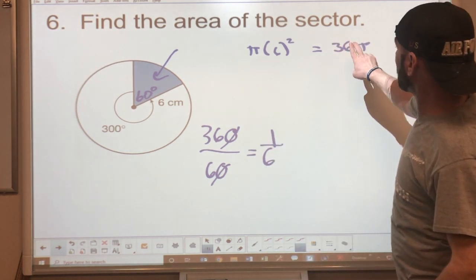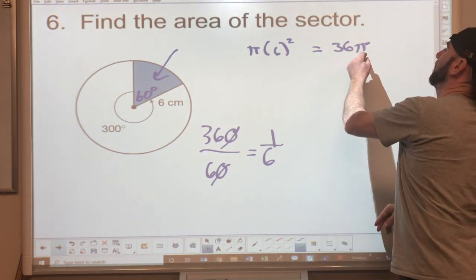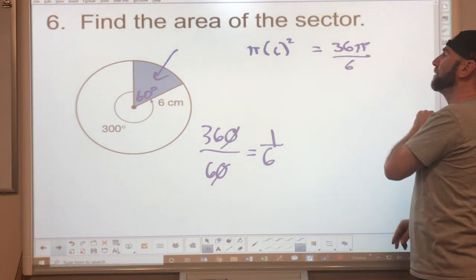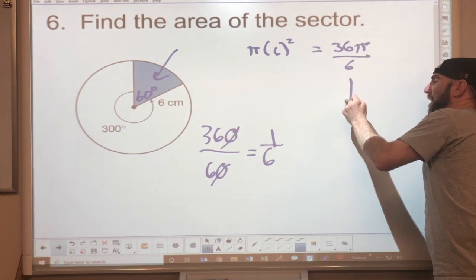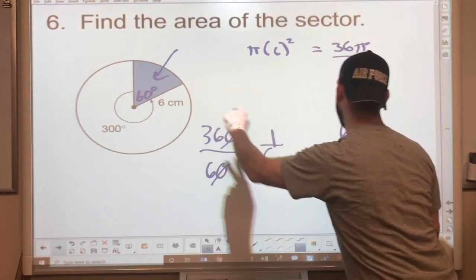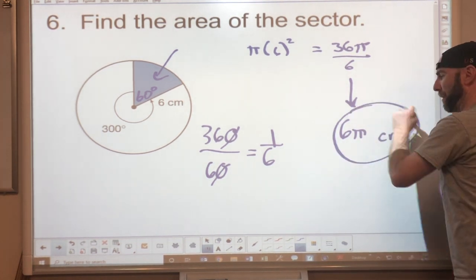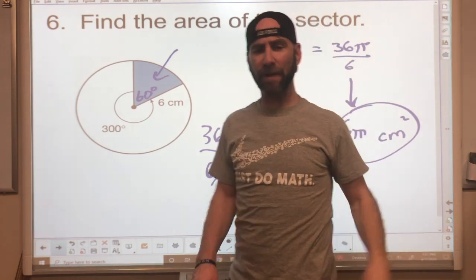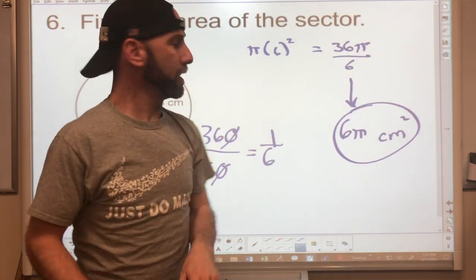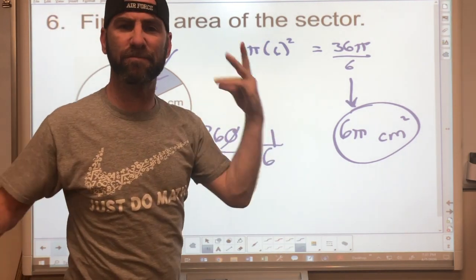So if our entire circle is this large, divided by 6, and that will give us the area of our little sector, which is centimeters squared. Boom. Step 1, find the area of the entire circle. Step 2, tell me how many slices there are. Step 3, divide. Easy peasy.